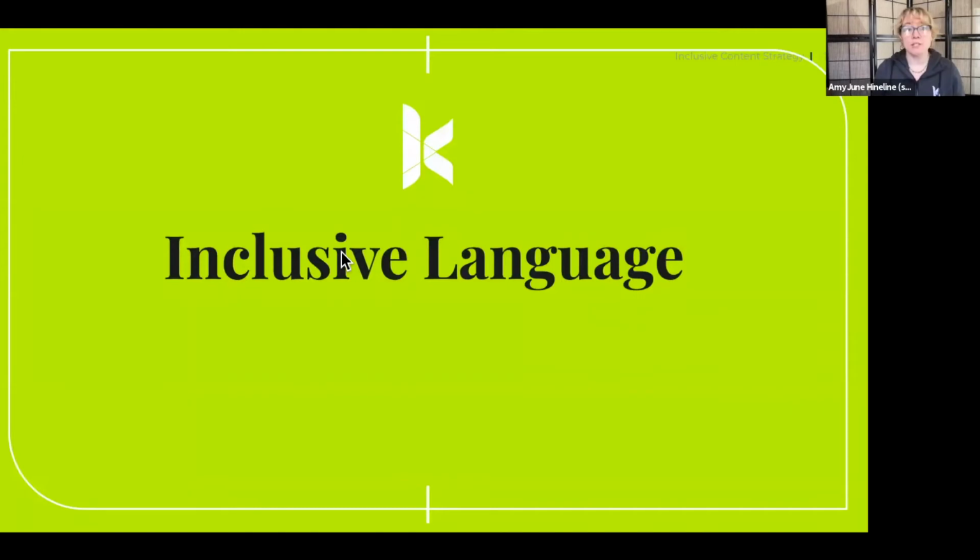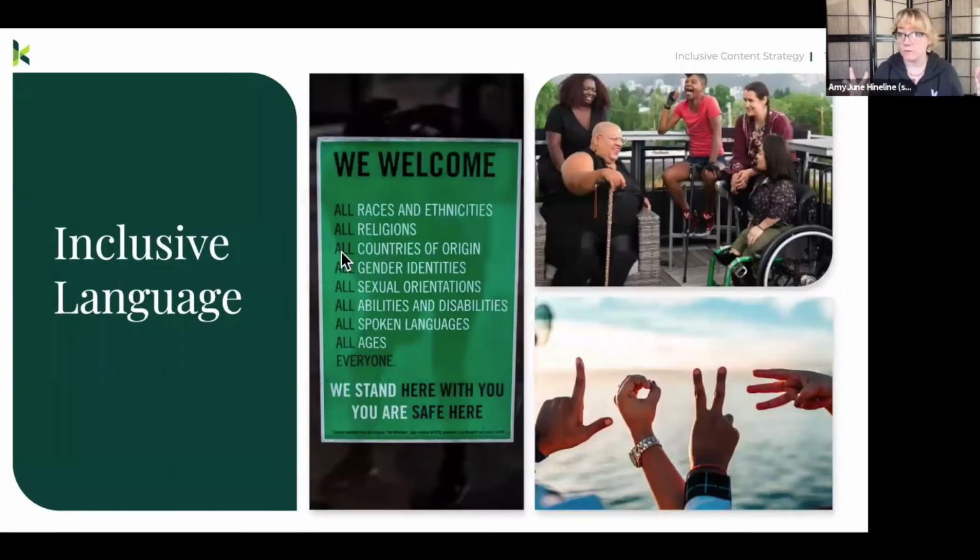So inclusive language, let's take a little bit more refined look at inclusive language. Increasing the inclusivity of our language means really getting to understand the ways that people make unconscious assumptions about people when they use that language.